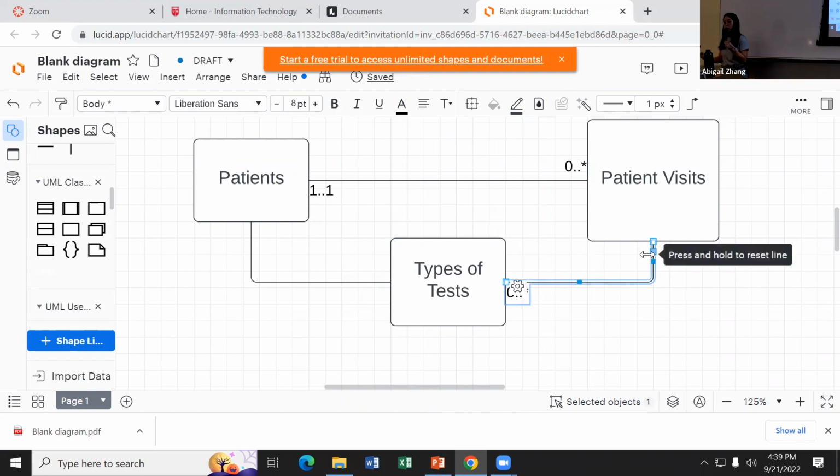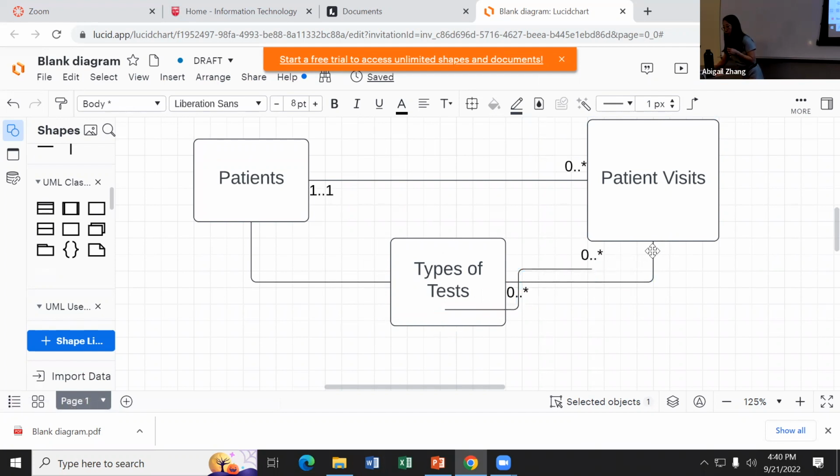However, one type of test, especially for the common ones, like a blood test, can be applied to multiple patients during their visits. So that is why here, if we were to add this multiplicity on the patient visit side, it should also be 0 to multiple. Does that make sense, class?